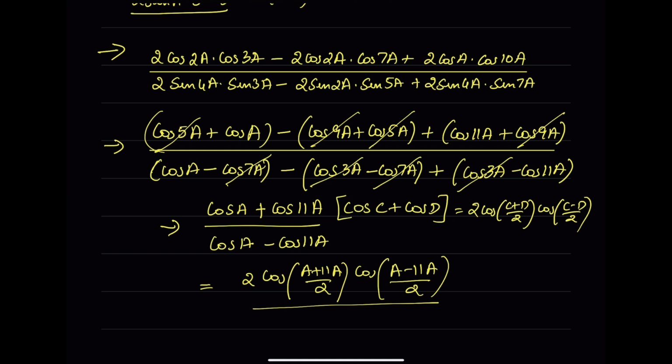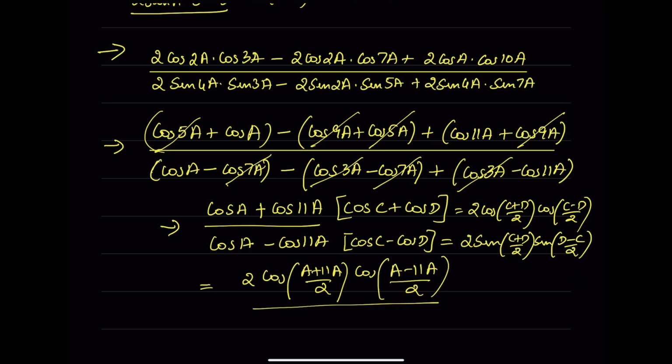And the denominator is cos C minus cos D, which has a unique formula, which is 2 sine (C plus D) by 2 and sine of (D minus C) by 2.